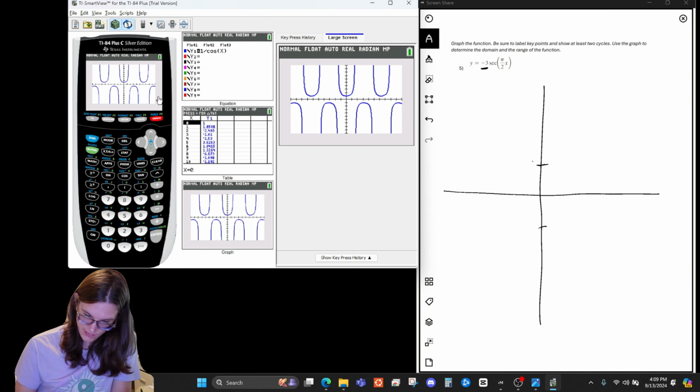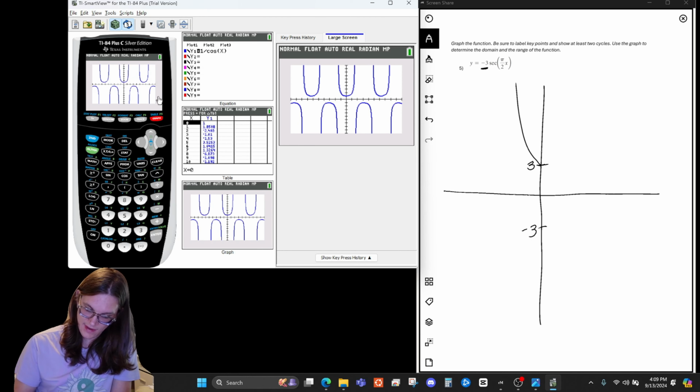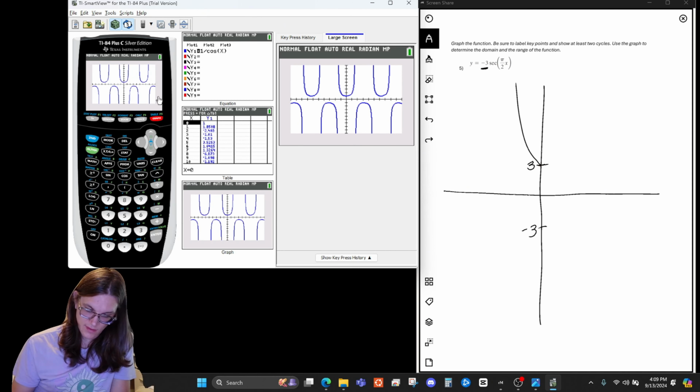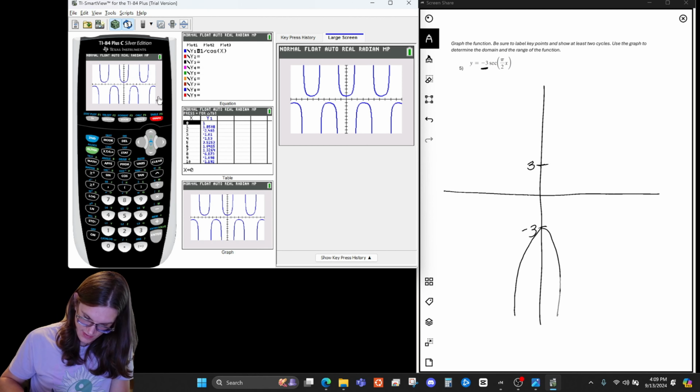So what I'm going to do is write 3 and negative 3. And here, which we're seeing on the calculator, where secant by itself begins up here at the positive 3 and goes up, I predict it's actually going to do this when I add that negative 3 in front. Do you see why it would do that?